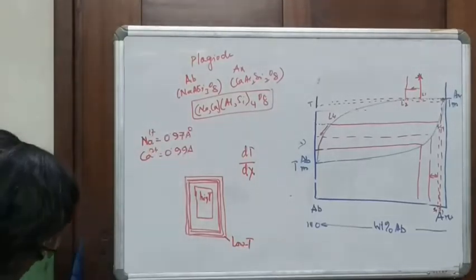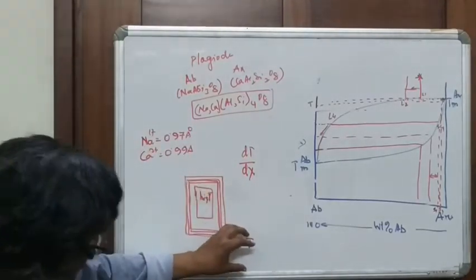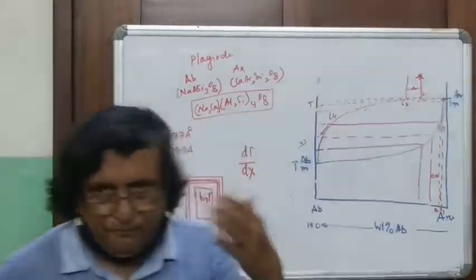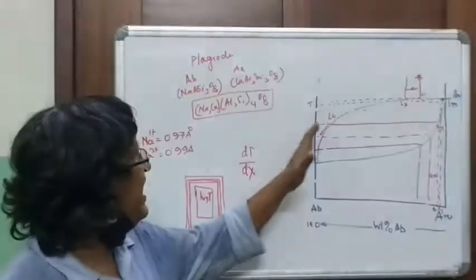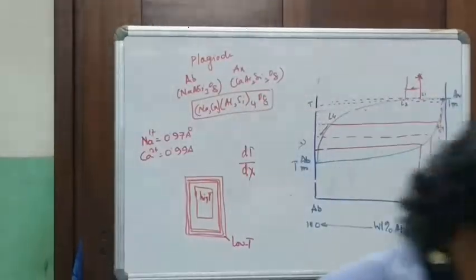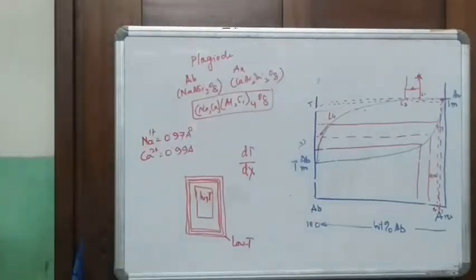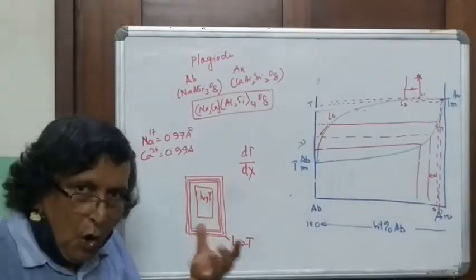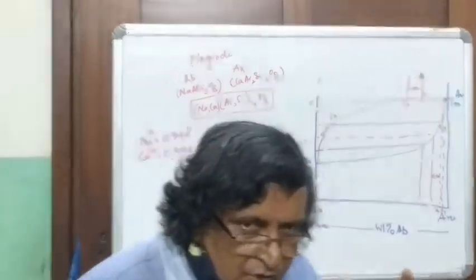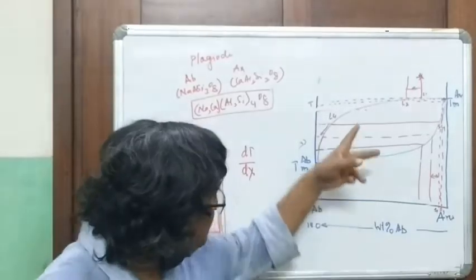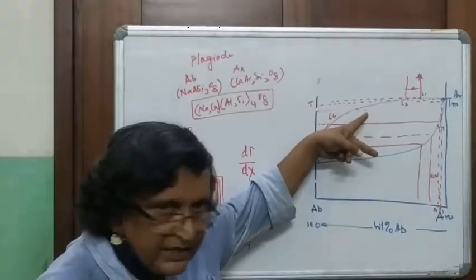And because of the high temperature and the low temperature, and because of the peculiarity of the slope of the reaction, this does not happen. So what happens? Plagioclases typically have cores that are less zoned than the margins. Why? Because of the peculiarity of the slope that I have talked about.